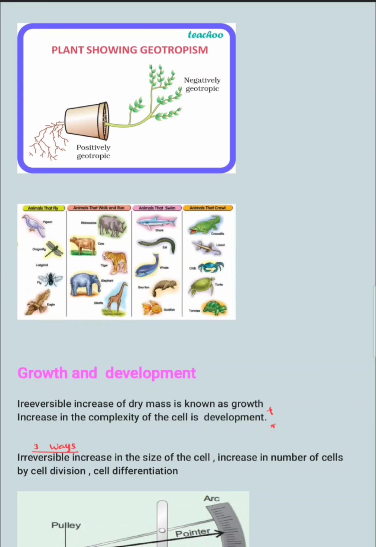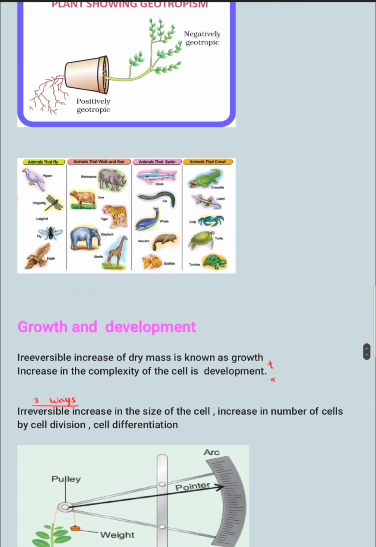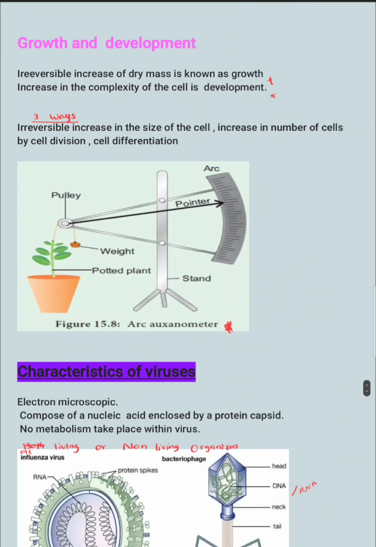They have different modes of locomotion: flying, running, swimming, crawling. Likewise, they have different appendages for that: wings, legs, muscles.